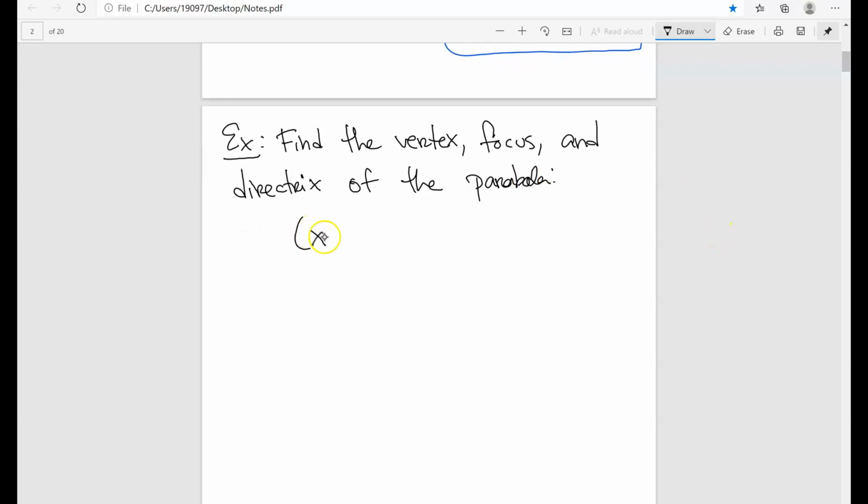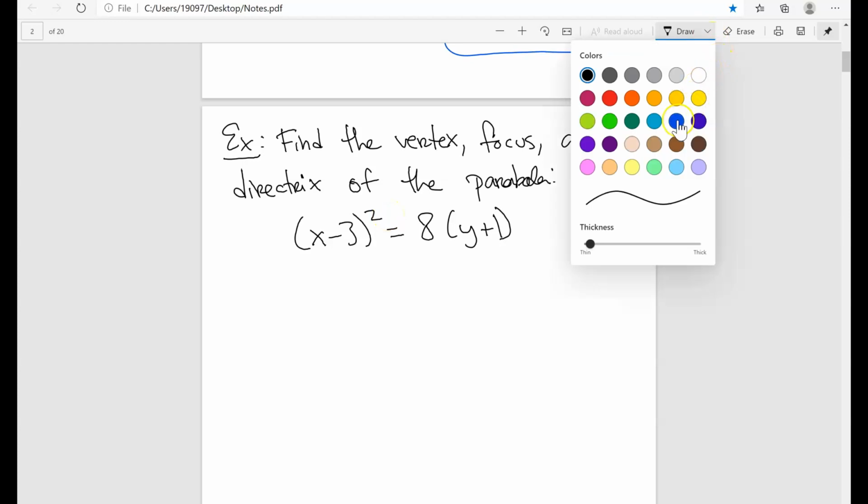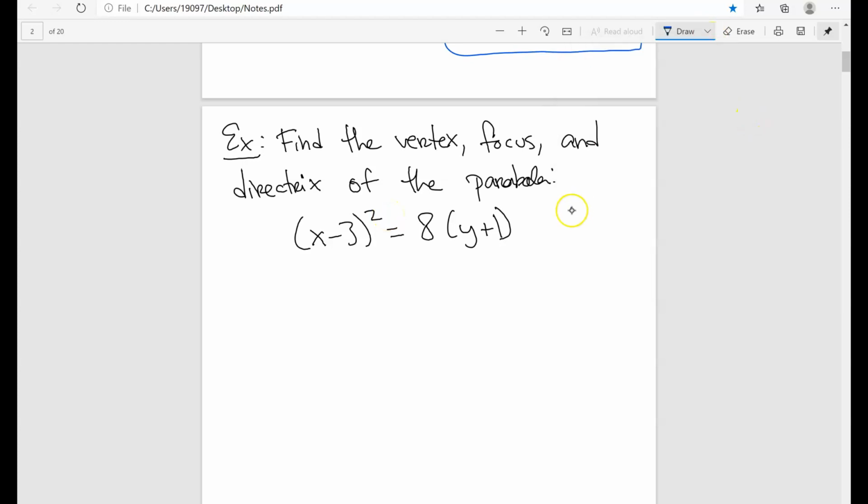So it's going to be x minus 3 squared is equal to 8y plus 1. Okay, so you can kind of see that the x's are going to be squared. So you're going to have a parabola that goes up and down, like that, because this y is not the one that's squared.